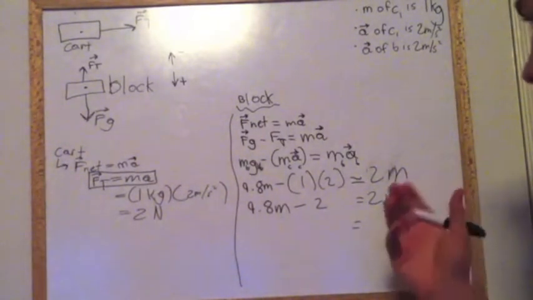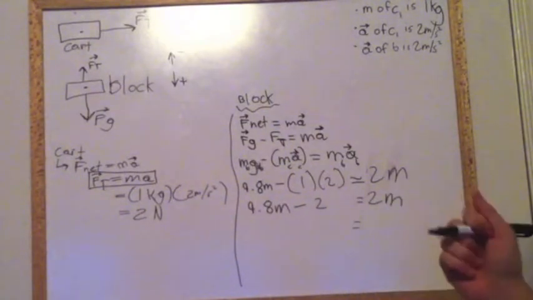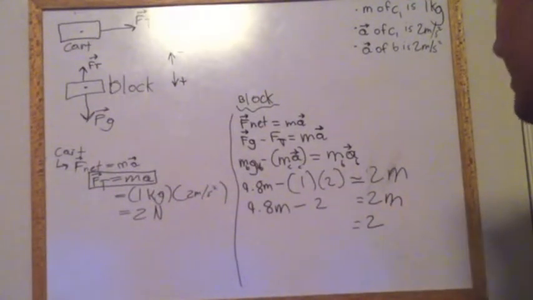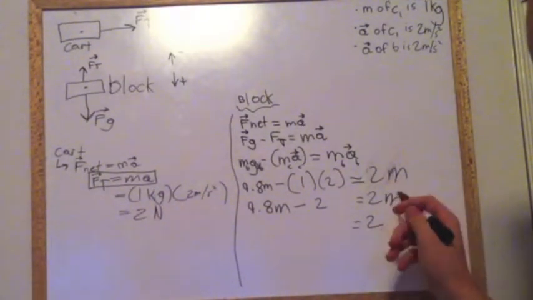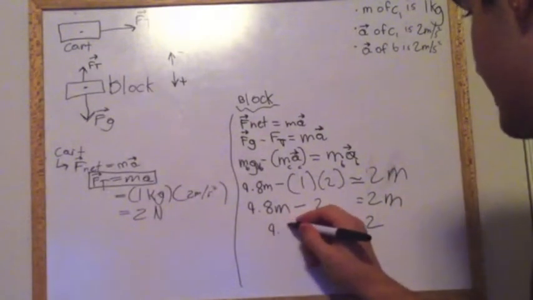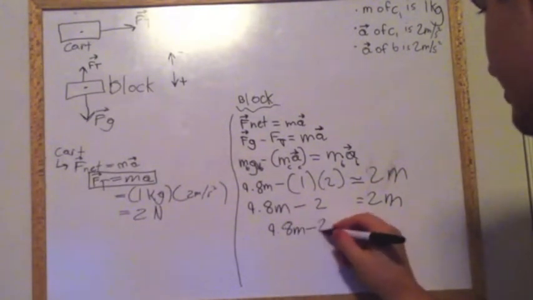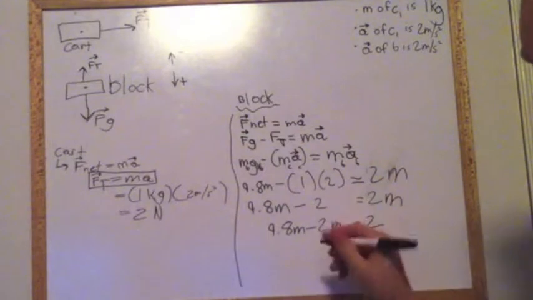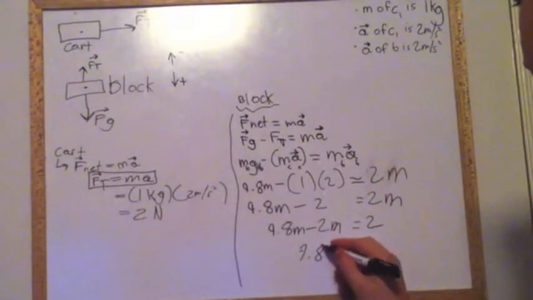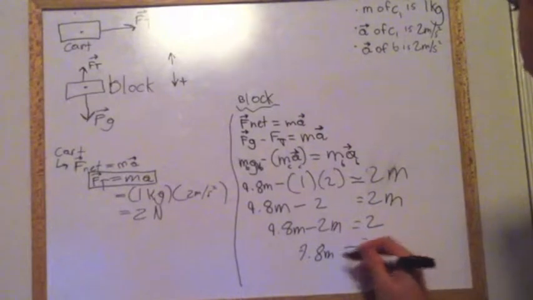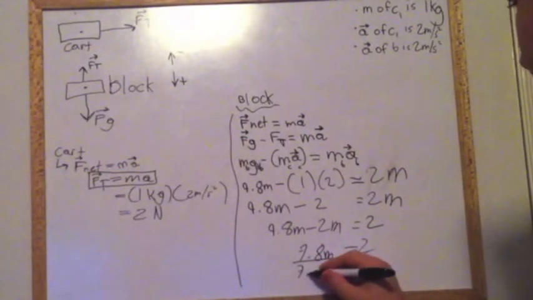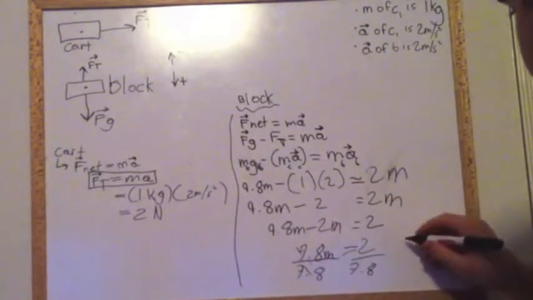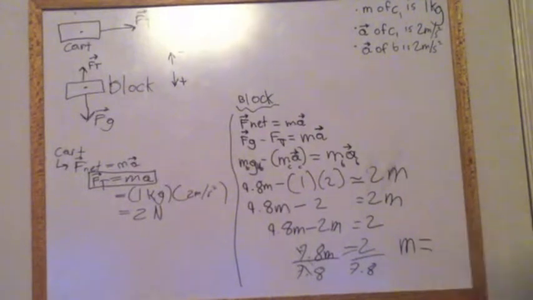We're going to move both 2's over, so this 2 becomes a positive 2, and we're going to move this 2 over to the other side, so that's going to be 9.8m minus 2m. Now that we have common variables, we can subtract them. 9.8 minus 2, that's 7.8. So 7.8m equals 2. Go ahead and divide by 7.8 on both sides, which gives us m equals 2 divided by 7.8.